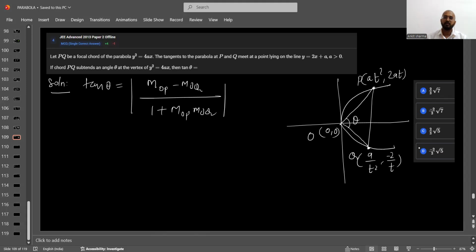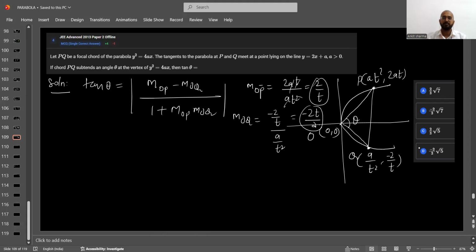The slope of OP is 2at over at², which is 2/t. Now we can also find m_OQ. m_OQ is (−2a/t) over (a/t²), which gives −2t.